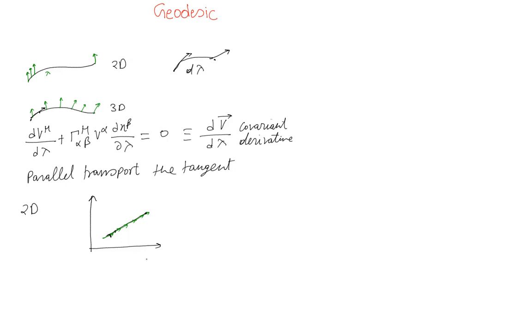Well, the condition is this, that instead of v, now we are actually talking about dx alpha over d lambda.